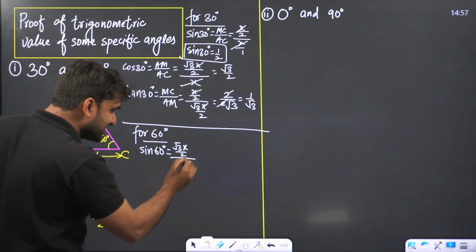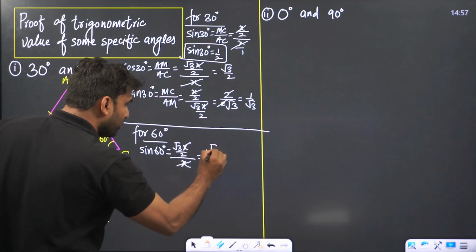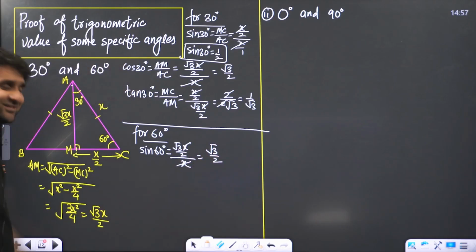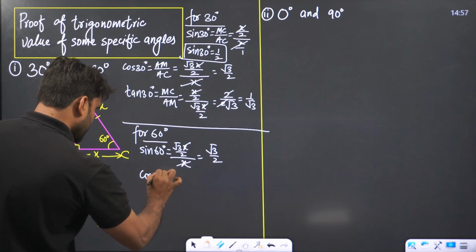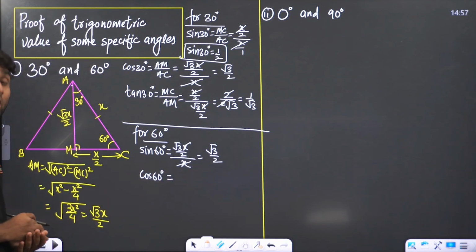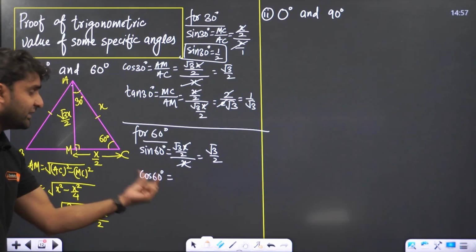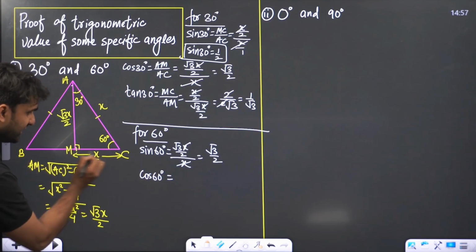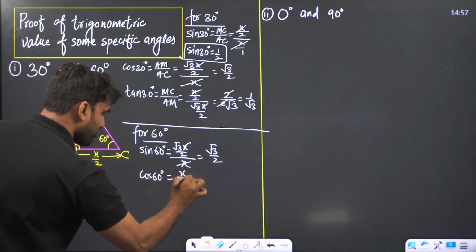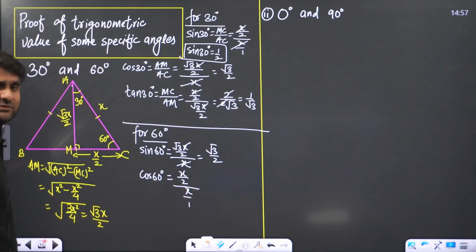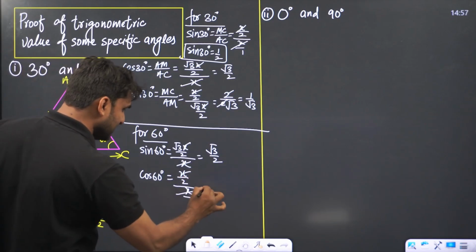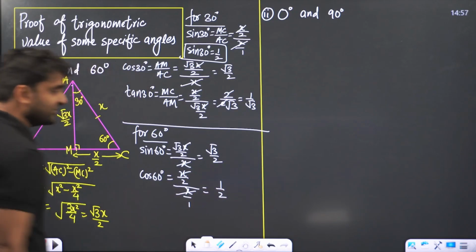So x cancels. So we have root 3 by 2. Go and verify in the table. This is the value. Now cos 60. What is cos 60? Cos is base by hypotenuse, but for angle 60 degree. So for angle 60 degree, base will be x by 2 and hypotenuse is x. Nothing is there, so we can write x by 1 also. X cancels, so we have 1 by 2 as the answer.